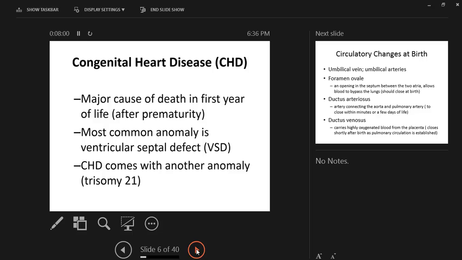Sometimes congenital heart disease will come with another anomaly. With trisomy 21, children with Down syndrome, they will check them very closely to make sure they do not have some type of cardiac anomaly that goes with the other genetic change.